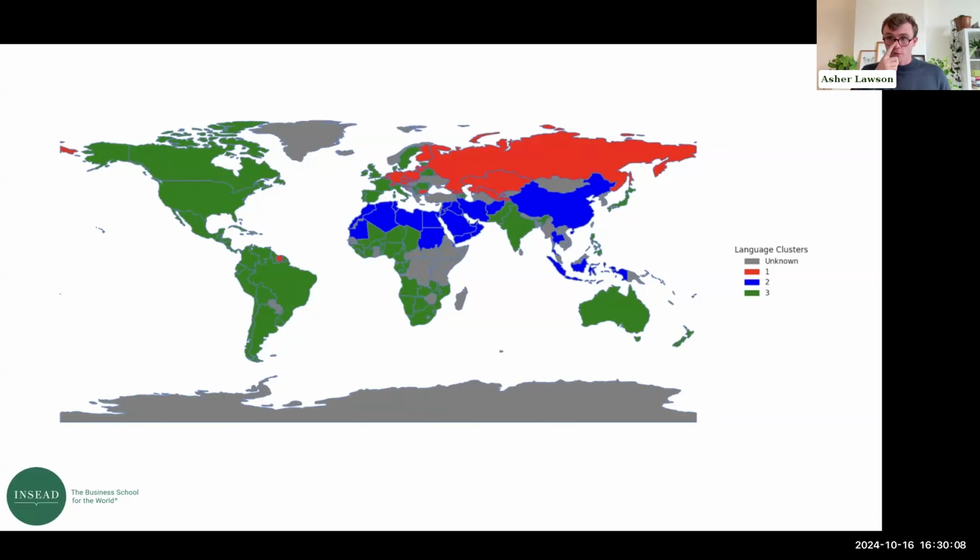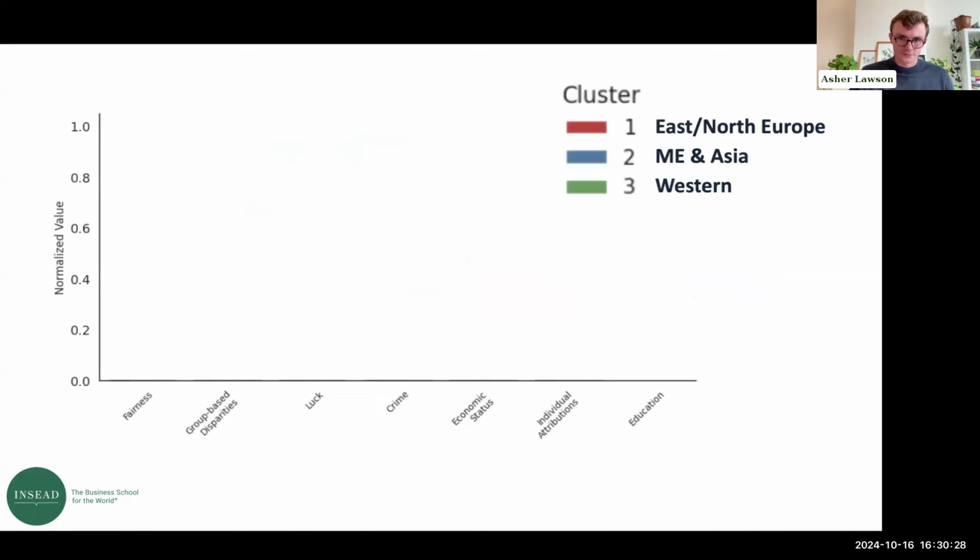So just based off properties of these languages, we can see 3 distinct sets of beliefs about economic inequality and its relation to these other constructs that really map onto areas of the map, for a terrible pun. But can we go a bit further and try to characterize these clusters?